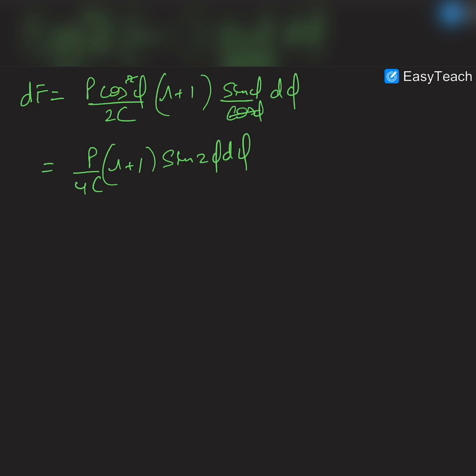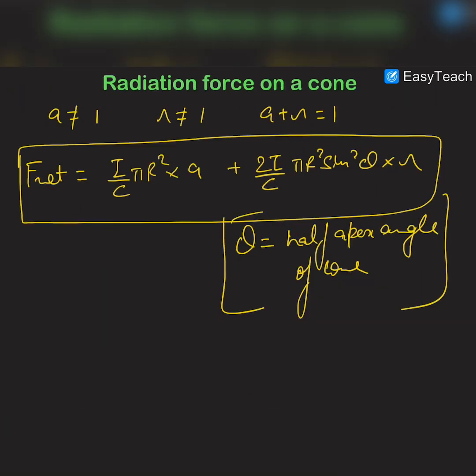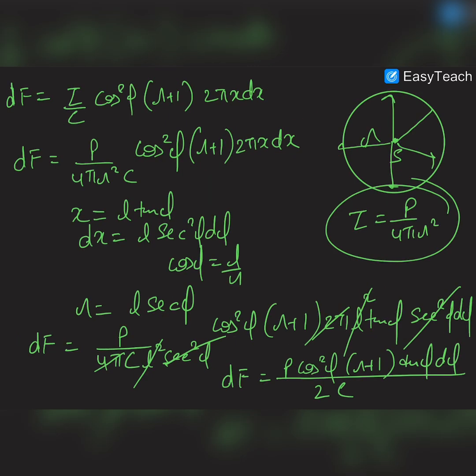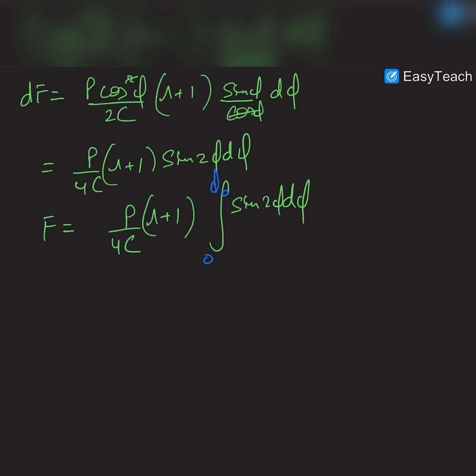Okay, so now the net force F will be equal to P by 4c into r plus 1, where P is the power emitted by the source, and the integration of sin 2 phi d phi, and the limit of phi. Obviously the limit of phi will be from 0 to this angle, and this angle, let us first of all draw. This angle is, let's suppose, phi naught. So the limit will be from 0 to phi naught.